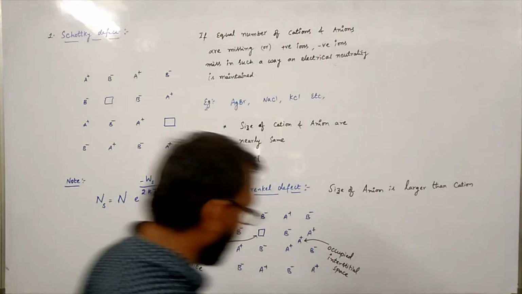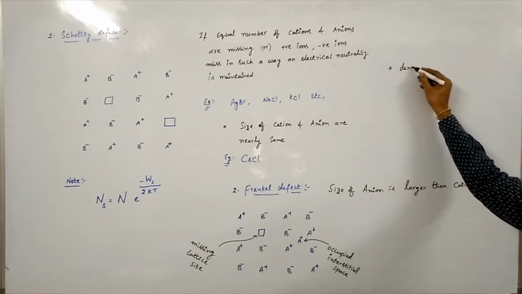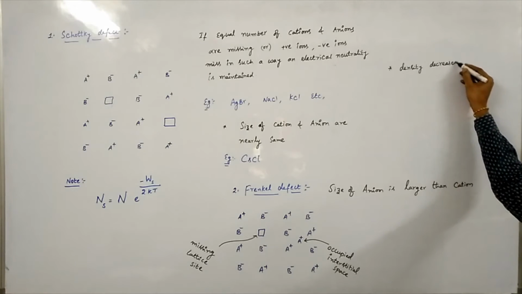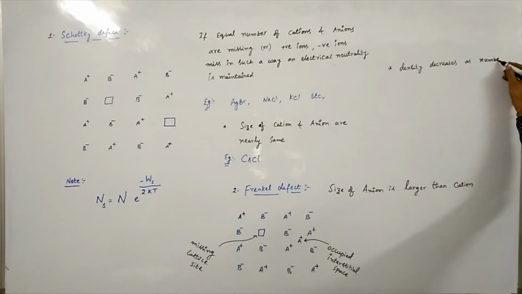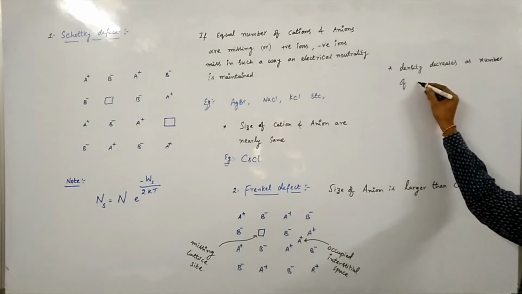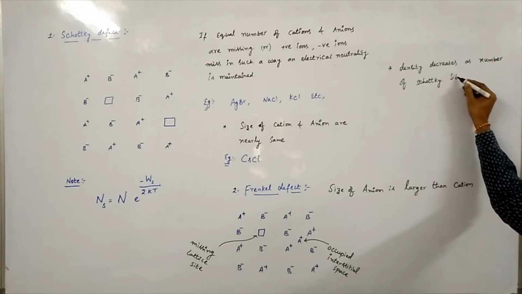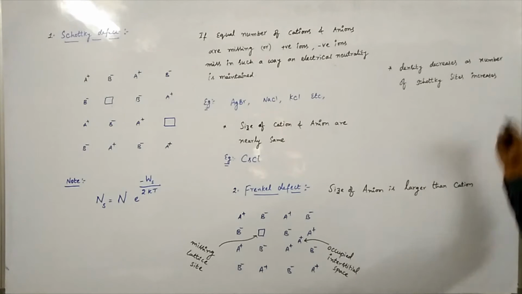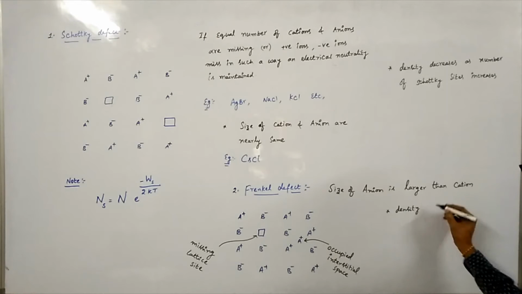So in case of Schottky defect, density decreases as number of Schottky sites increases. Here, density of crystal remains the same.